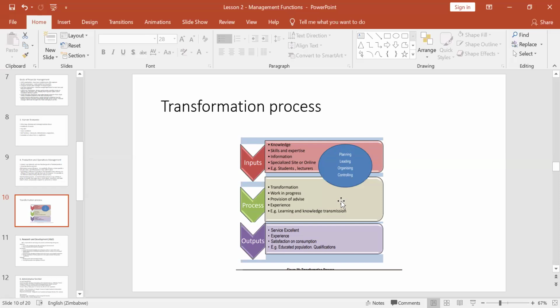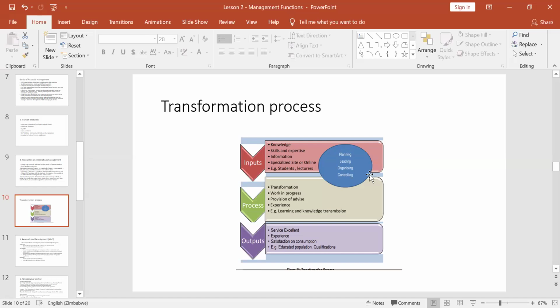Or you walk into a medical facility, you are not well, a transformation process takes place there, and you walk out much better. The improvement of your health is the output there. So don't limit transformation to production only.